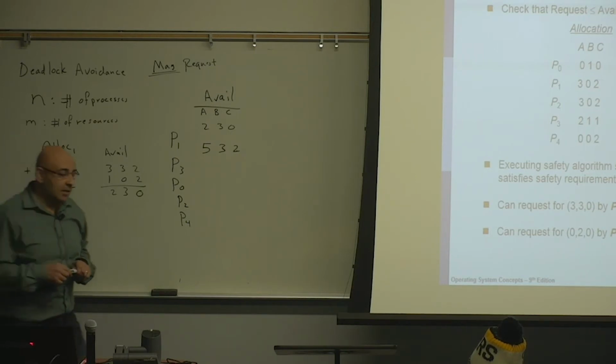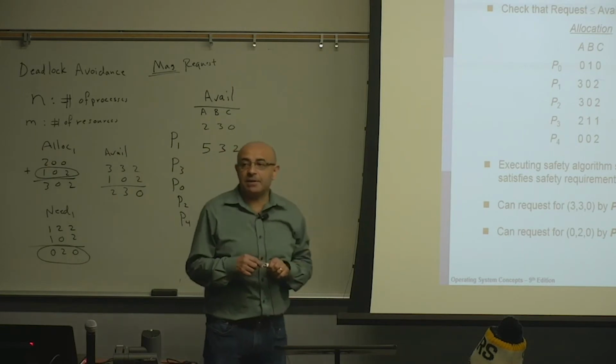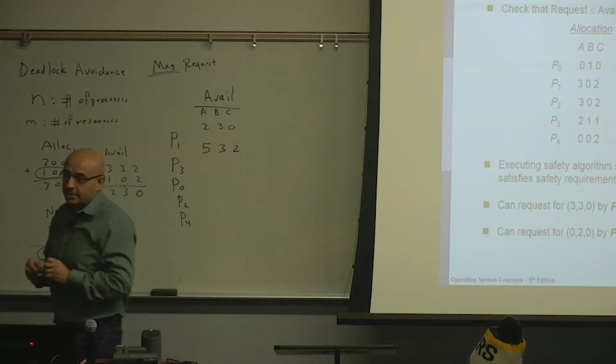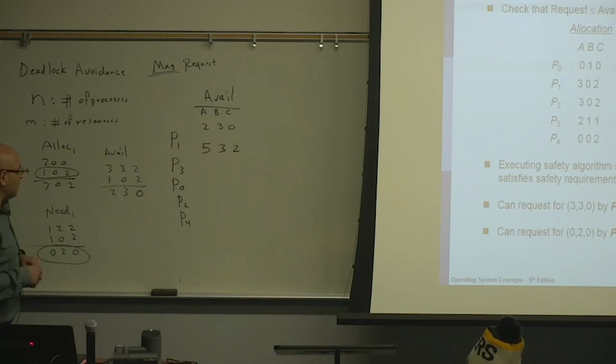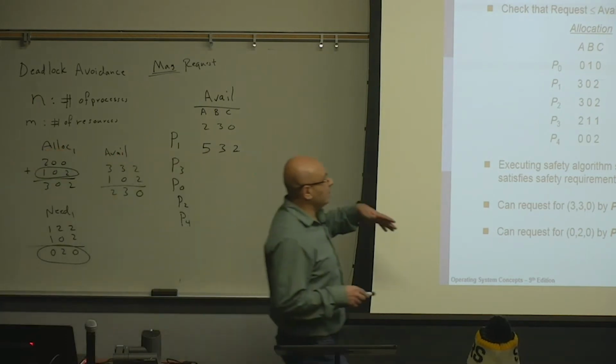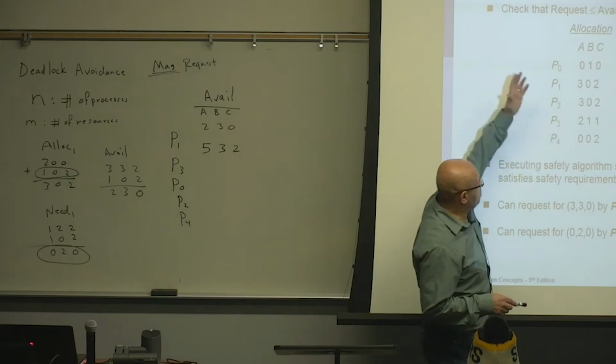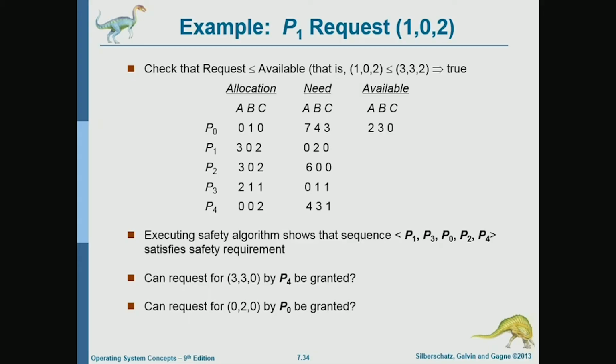But what will actually happen in the future may be better than this. It may be that one process like P2 terminates early and releases all of its resources, and then we will be in a better situation.